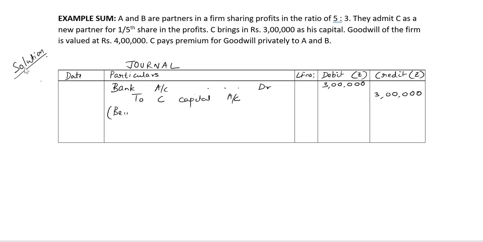Being capital brought in by partner C. So this is the only journal entry in this particular sum.